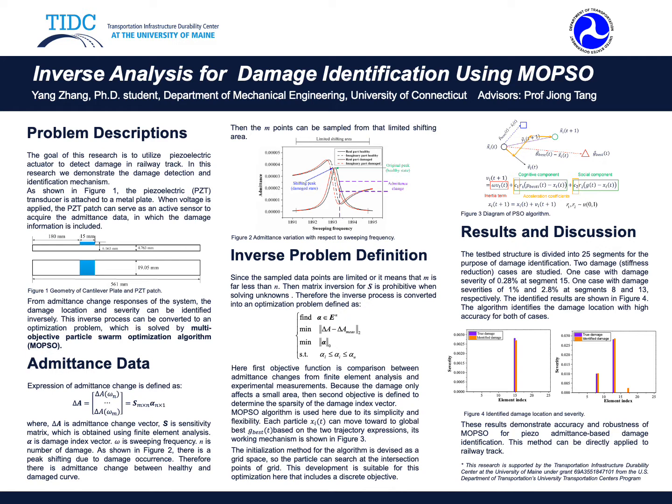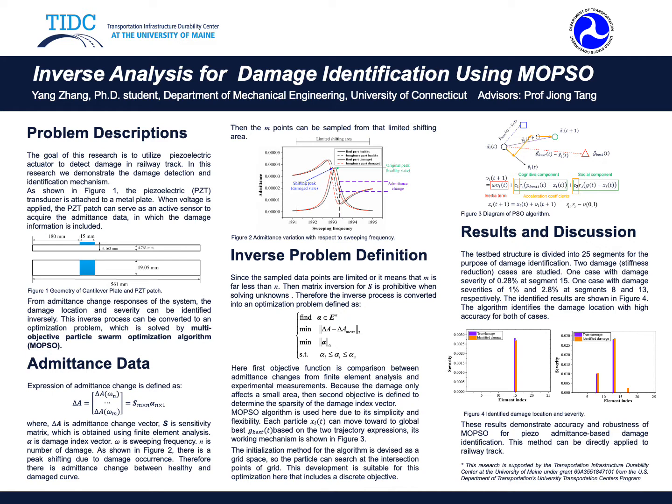From the admittance change responses of the system, we can find the damage location and severity inversely. This inverse process can be converted to an optimization problem, which is solved by multi-objective particle swarm optimization algorithm, the MOPSO.